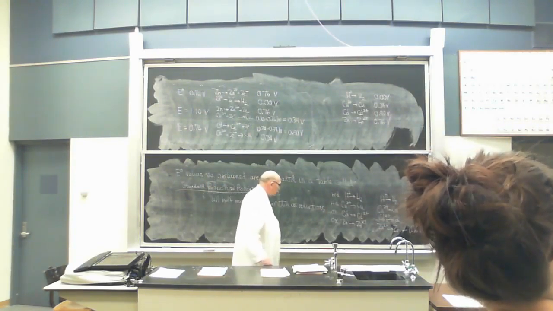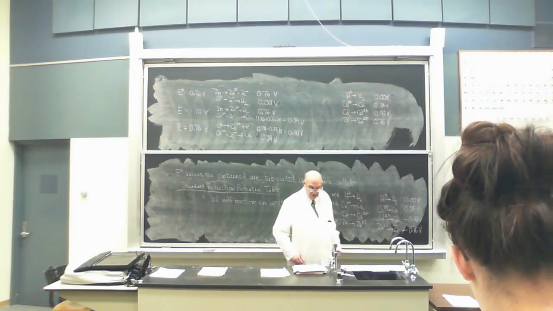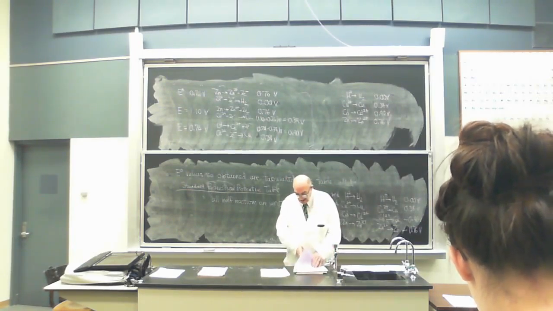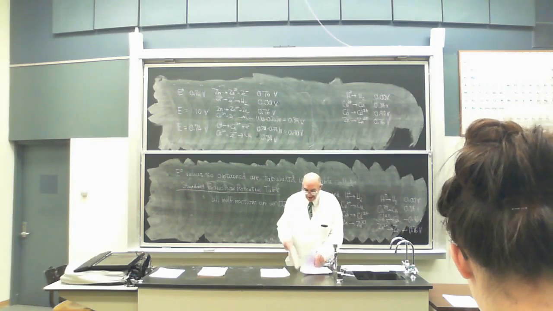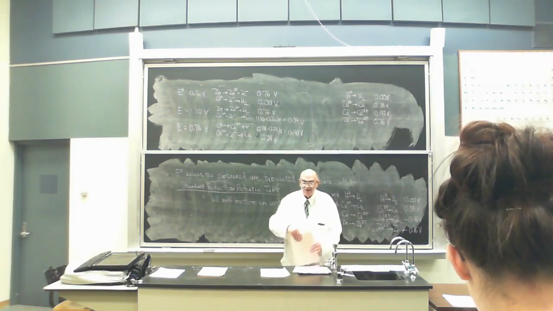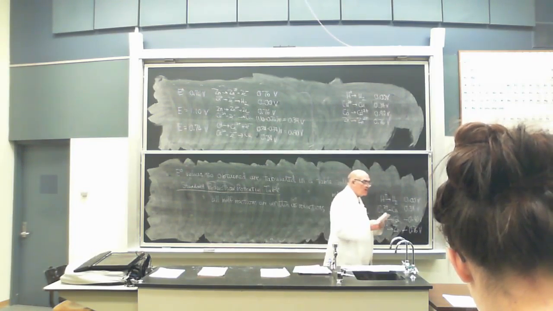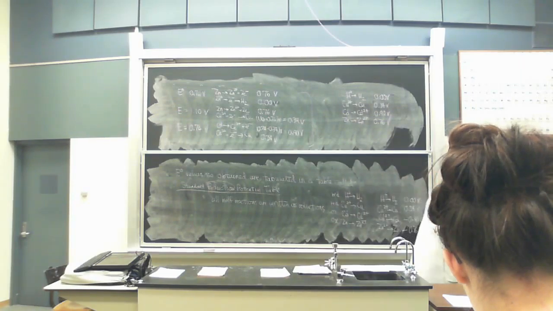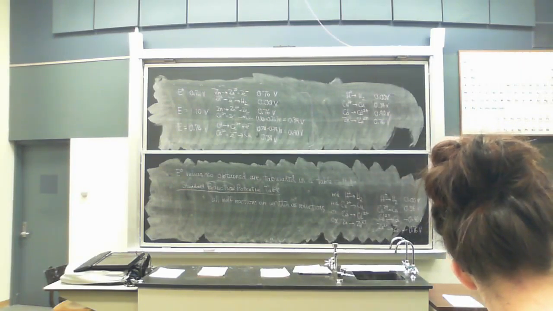As I said, things are tabulated, and let me pass out a handout now. And this handout is a standard reduction potential table.